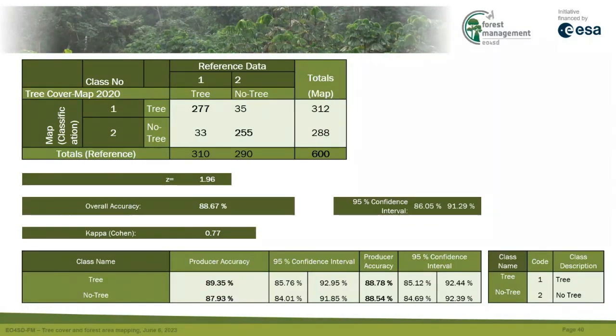Then we have also calculated the kappa value, which basically measures the agreement between the two raters, each classifying the items into mutually exclusive categories.